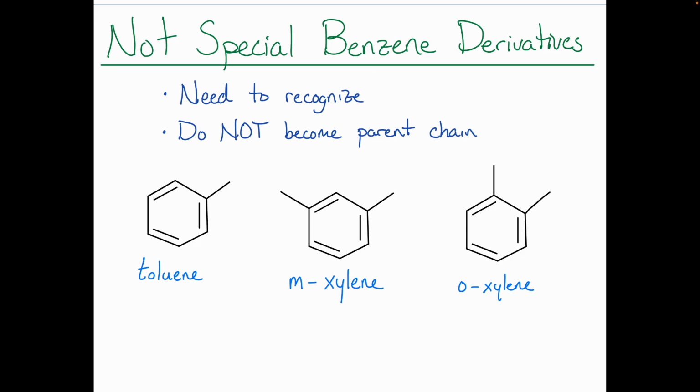So ortho-xylene, it doesn't matter which two carbons you pick along that benzene ring, they just got to be next to each other, right? That's what it means to be ortho. To be clear, because I can always pick this molecule up and rotate it around, and it's the exact same molecule.